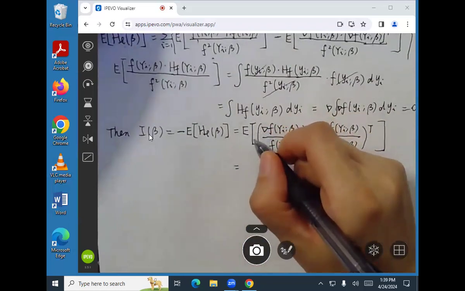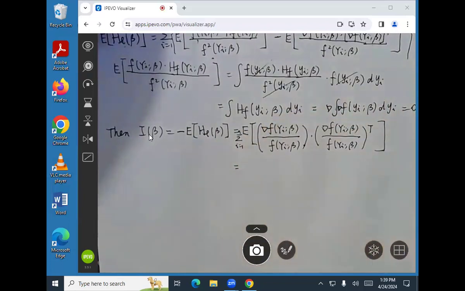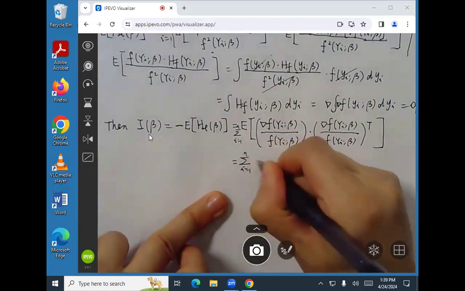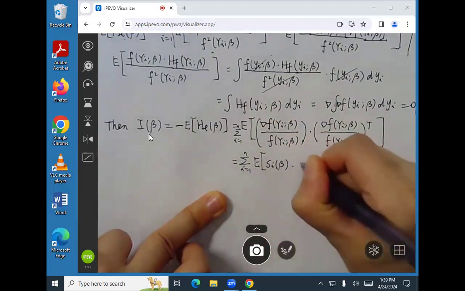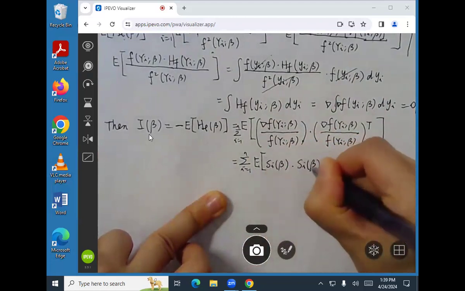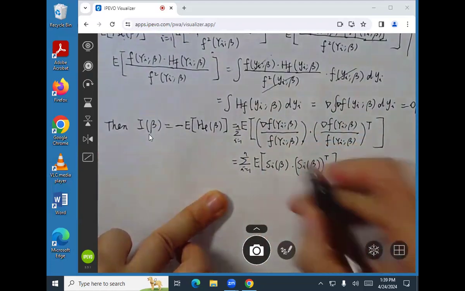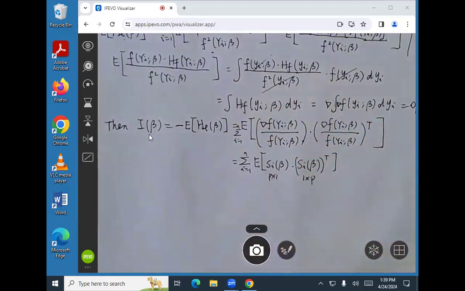The summation sign needs to be outside, i from 1 to n. Inside the expectation, I have Si(beta) times Si(beta) transpose. First term again is p by 1, second term is 1 by p.